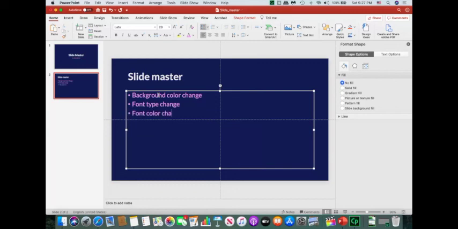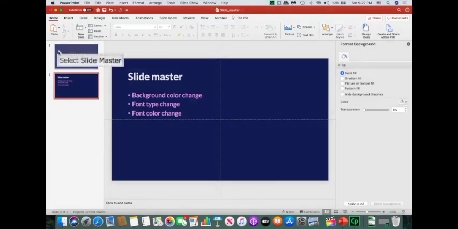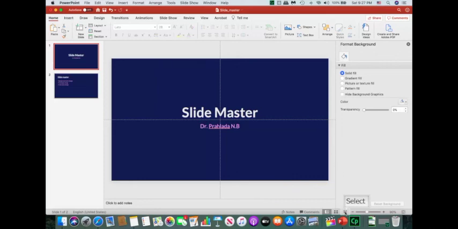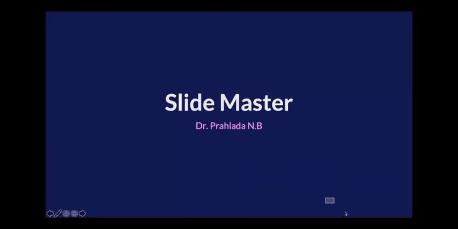Now we will see how this appears. We'll start from the first slide. Now see, this is the slide master and this is another slide with a bullet point. This is the look we get. I hope you understood the process.